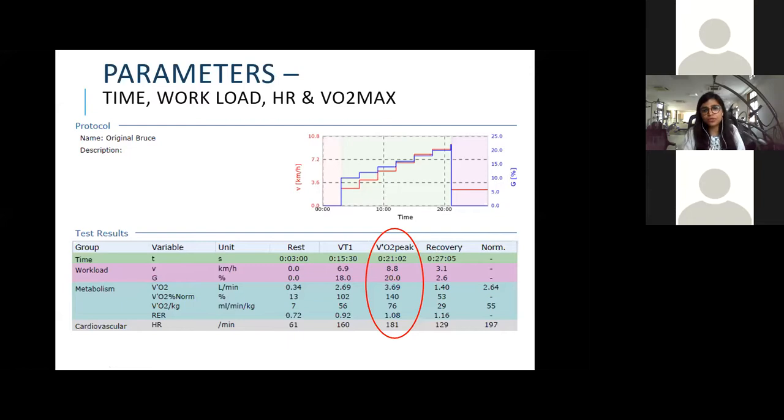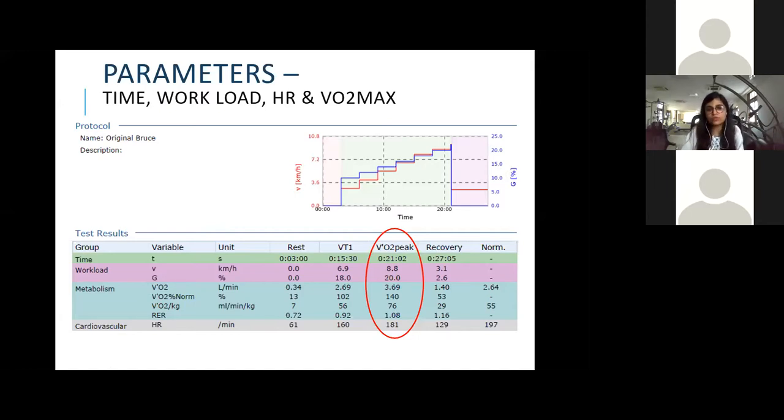The absolute value of VO2 was 3.69 liters per minute, and it is 140% of the person's predicted value. The relative VO2 value was 76. For that person, the predicted value was around 56, and the person achieved 76 milliliters per minute per kg of VO2.